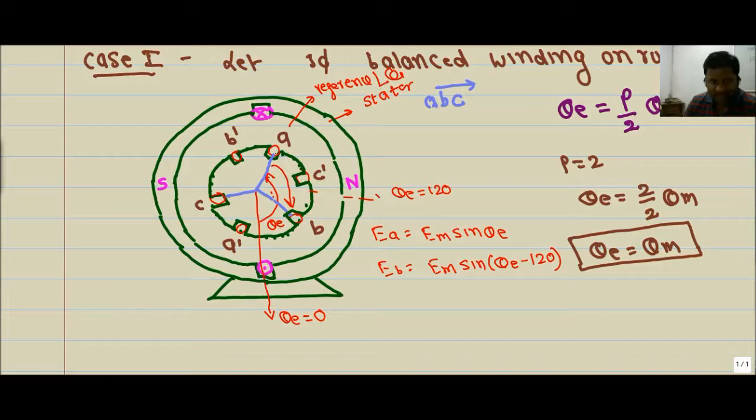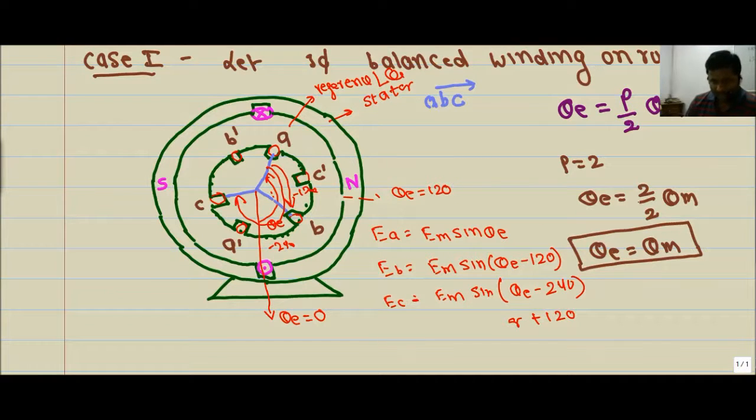Similarly, with reference to A, C is left behind by an angle of minus 240. So EC equals Em sin(theta e minus 240), or plus 120. So the electrical angle between A and B is theta e minus 120 degrees.